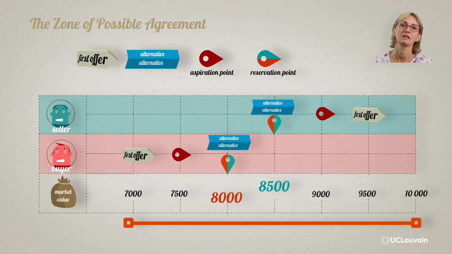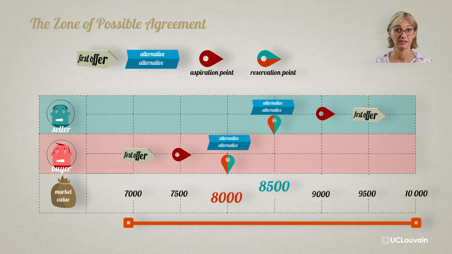One of the problems with a negative ZOPA is that, apart from the fact that no agreement between the parties is possible, the negotiators are often faced with uncertainty about the ZOPA when they start negotiating. Indeed, at the beginning of the discussions, the parties do not communicate their respective limits to each other.